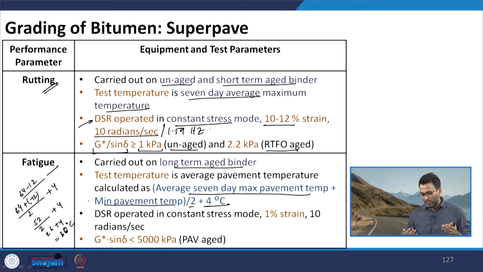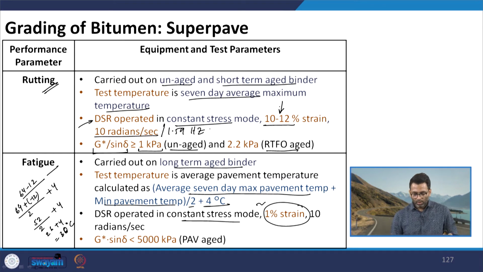Since again this is the PG grading system, the DSR is operated in a constant stress mode, and here at the intermediate temperature for the fatigue characteristic, the strain should be kept low, about 1% strain. Earlier it was 10 to 12% strain, and here also the test is done at 10 radians per second.